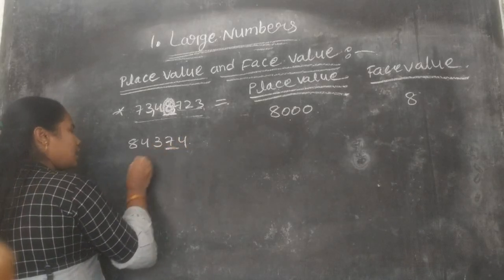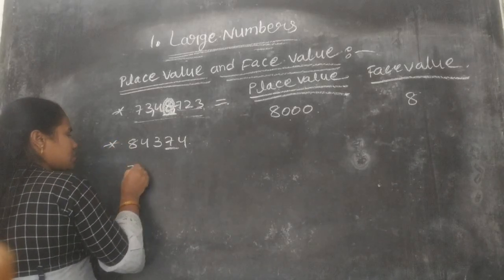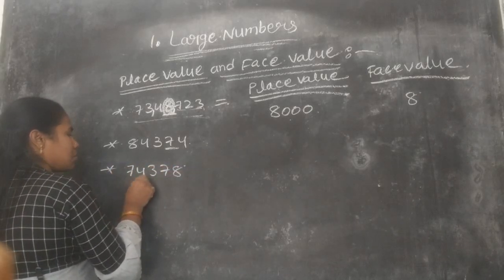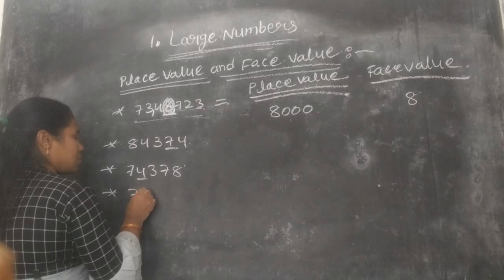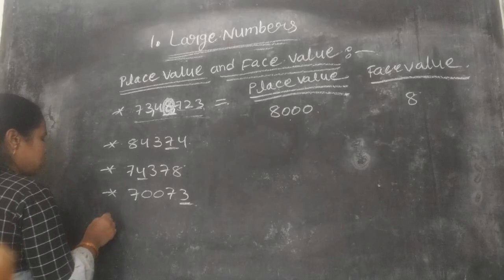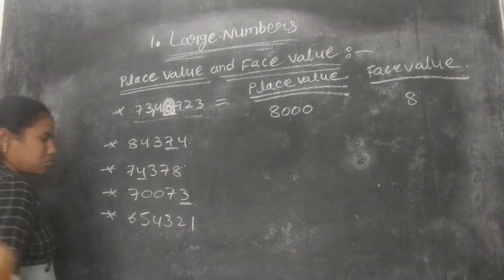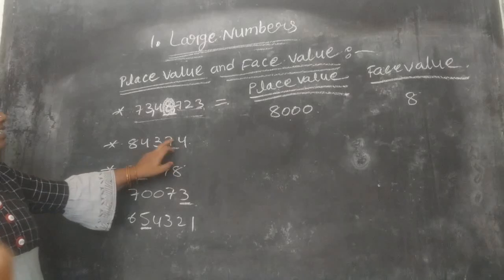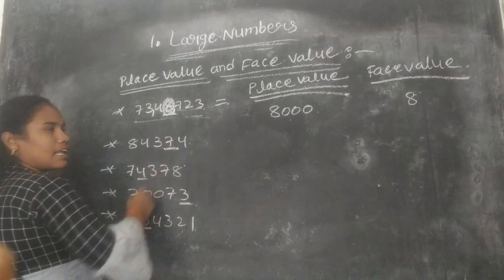I am putting an underline under the digit we are taking. So the underline is there in the digit. Here the 7 is underlined.